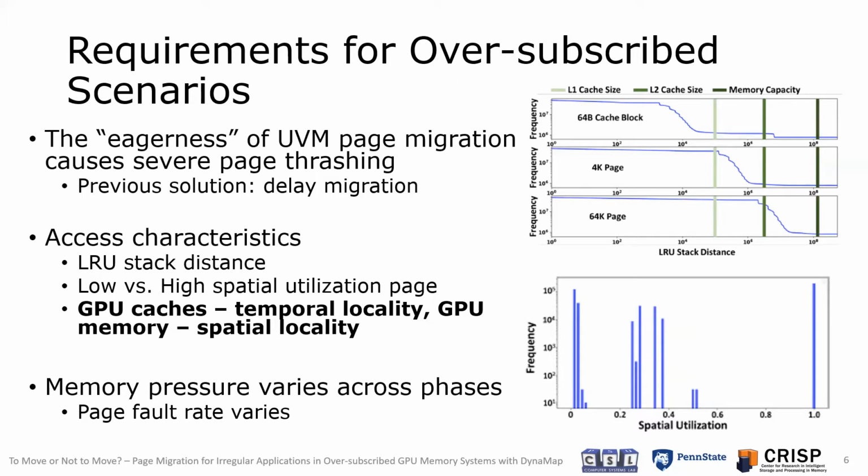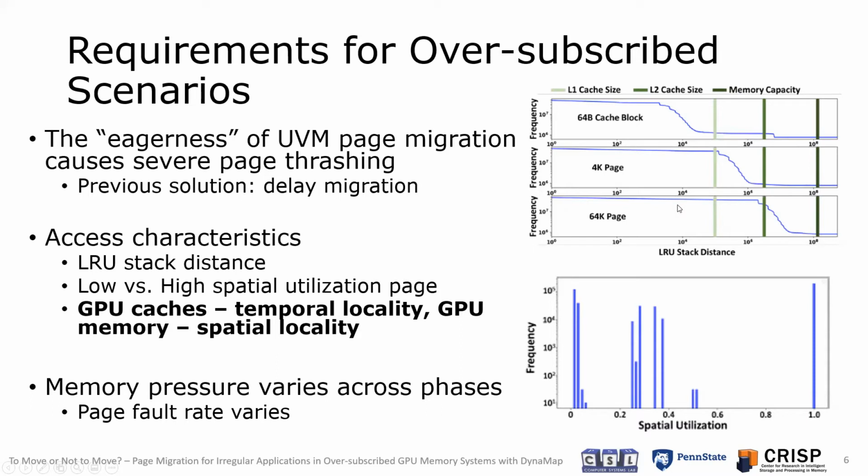So to illustrate the access characteristics and the impact of granularity, we studied the LRU stack distance for different granularities, as this graph shows. As you can see, the distance plot shifts to the right as the granularity increases from a cache block to 4K to 64K pages granularity.